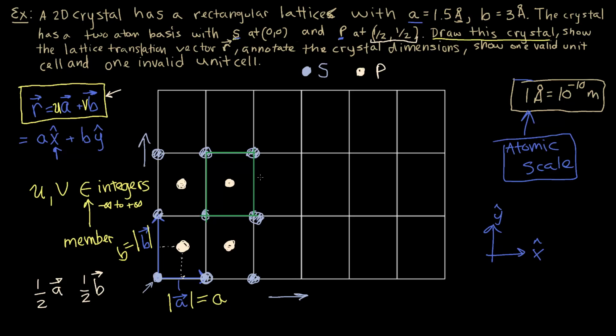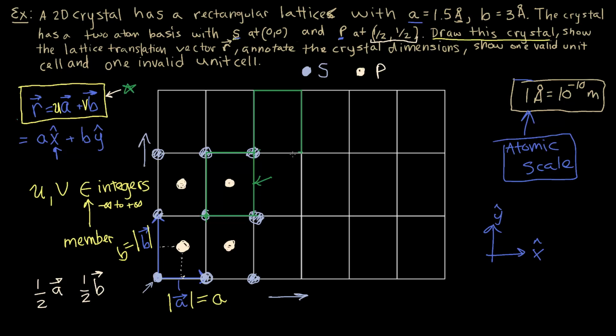So you can see that this cell will fill all space if we move it around according to our general lattice translation vector that we've defined over here. So if I take this point as the 0, 0 point and start moving that around, say, move it up 1 in A and B, we will get another unit cell here.